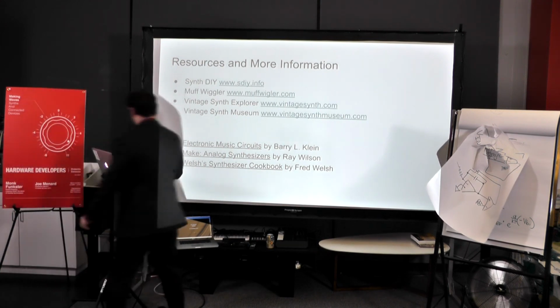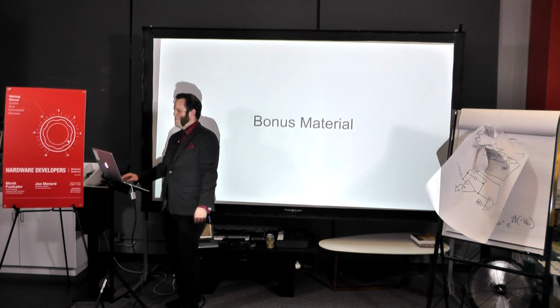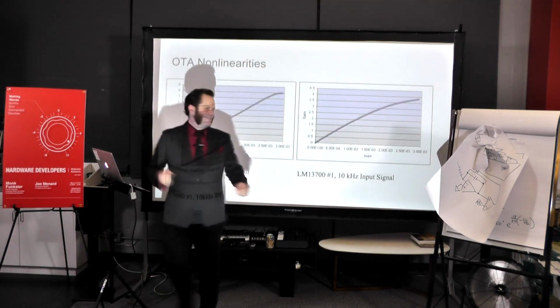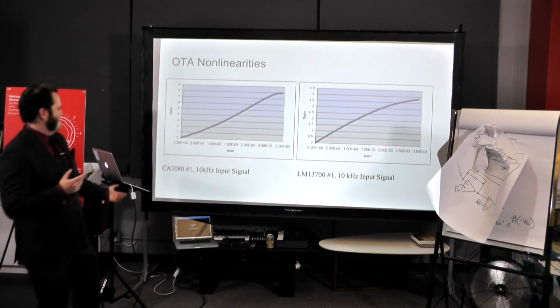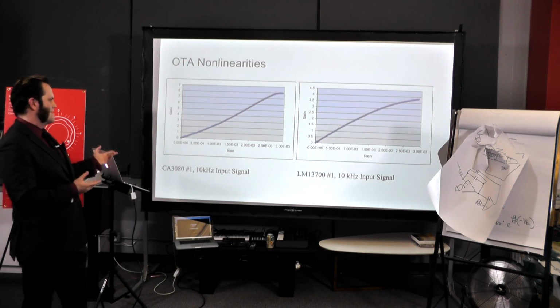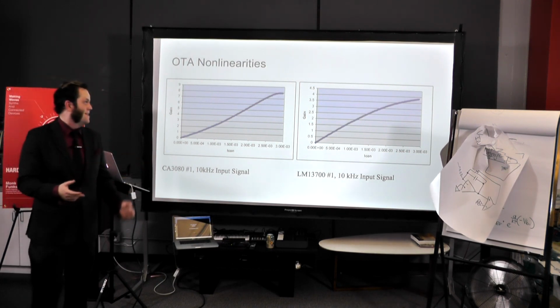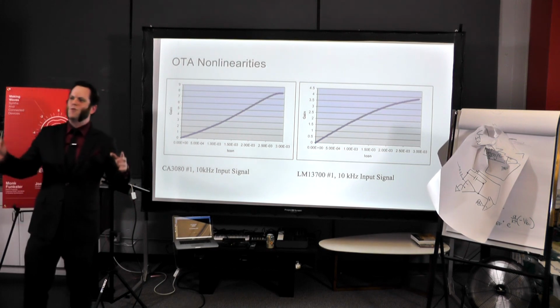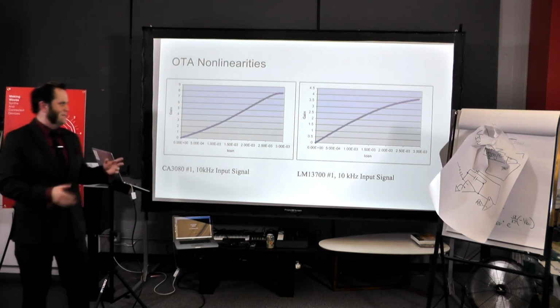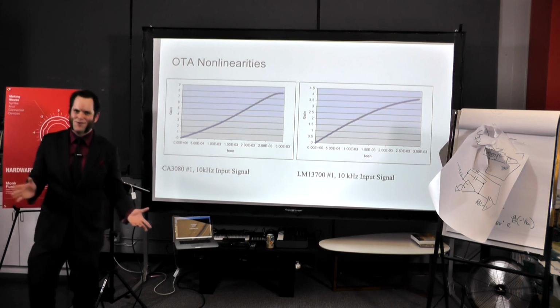And so actually, here, I have bonus material. Yay, bonus material. This is just what the gain looks like on a couple of different OTAs over different input control currents. And you can see that even over the normal range of what you're trying to get the OTA to do, it is not the most linear thing in the world.